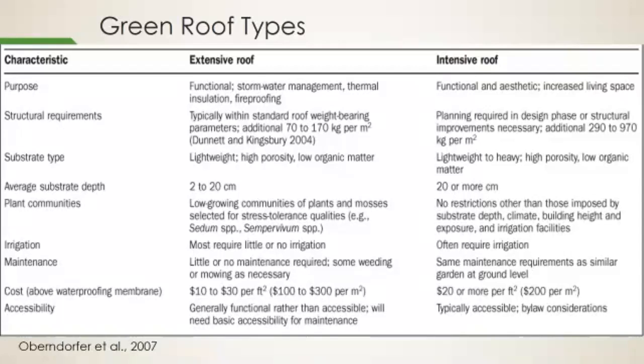And so structural requirements are going to be about 150 to 350 pounds generally for extensive roofs. That's what the structure needs to be able to support. Now, the green roof at SIU, I think, is on the lower end. I want to say it's around 150.